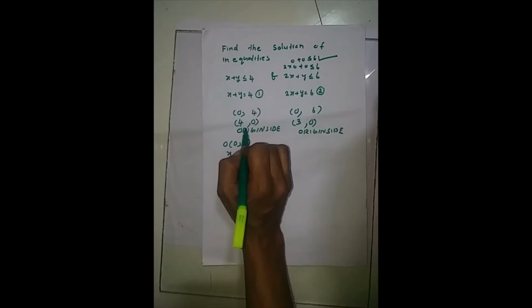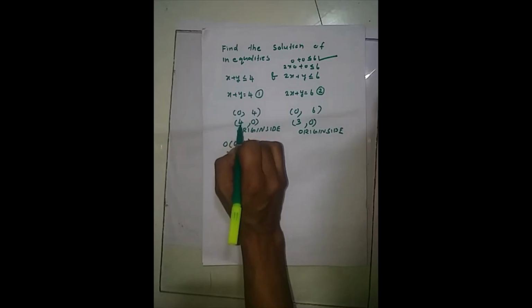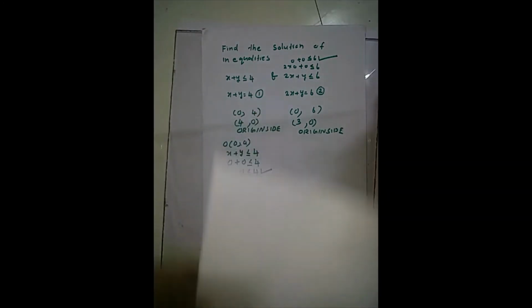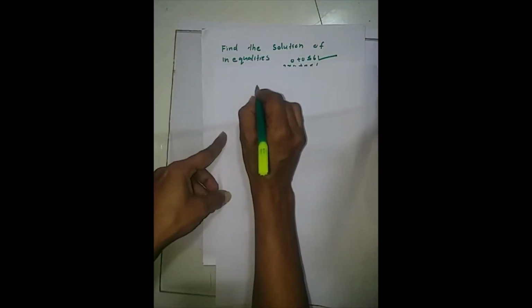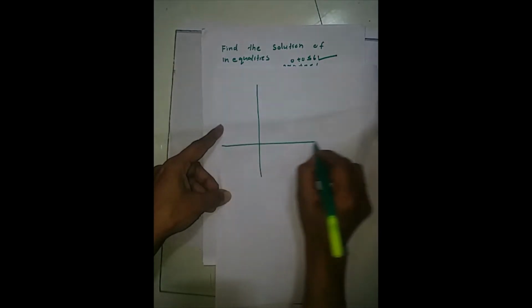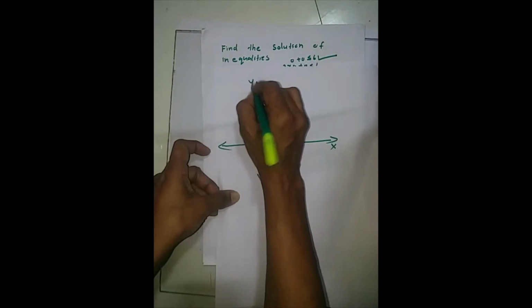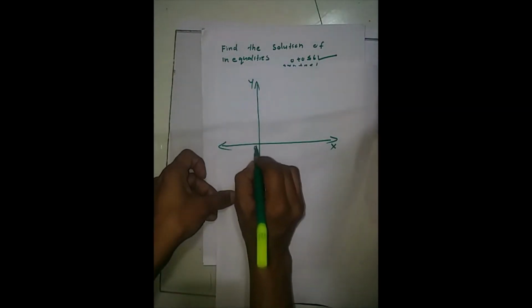Now we will draw the graph. We will plot these 2 points, join the points and get the line x plus y equal to 4. X-axis, y-axis, origin.